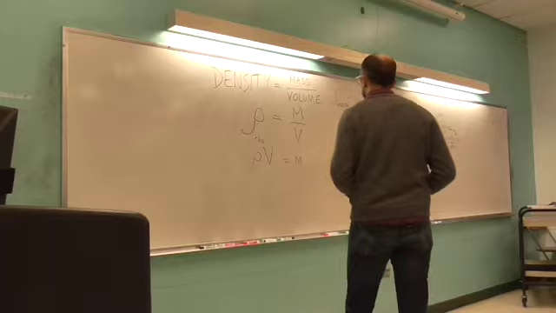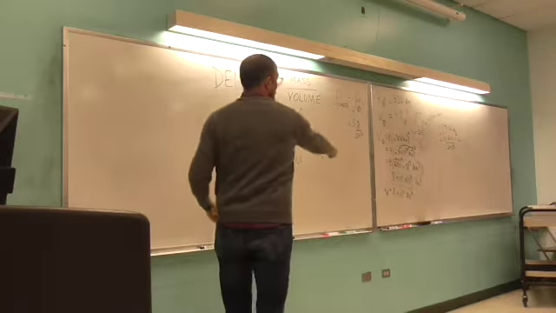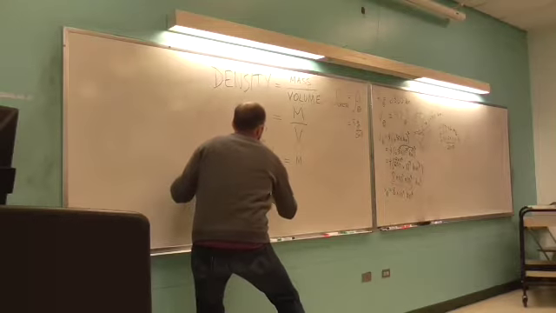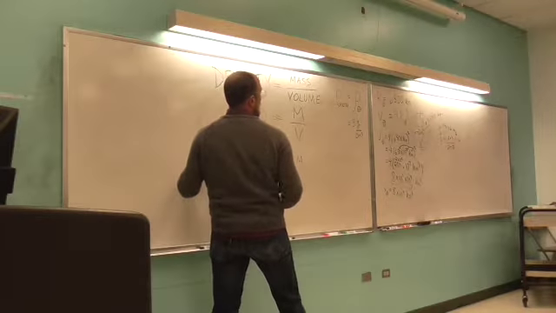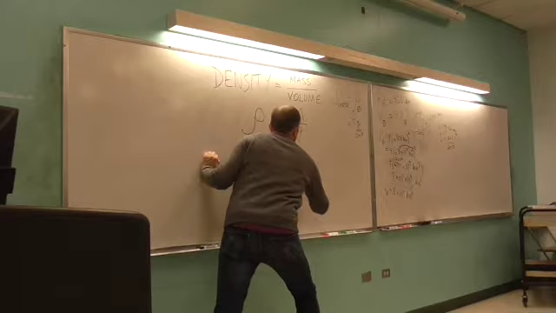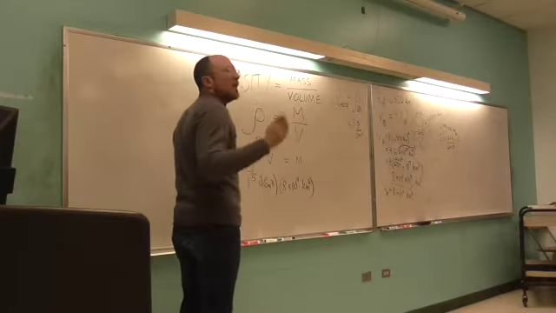So I have 5 grams per cubic centimeter, and I'm going to multiply that by 8 times 10 to the 11 cubic kilometers. And now I need 2 more things.